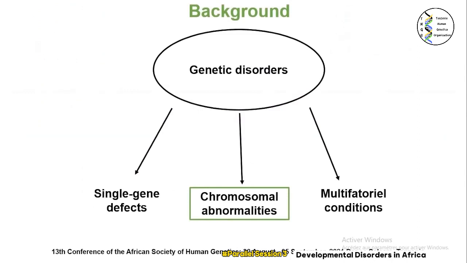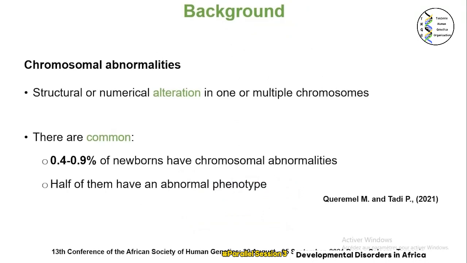Genetic disorders generally fall into three main domains: the single gene defects, the multifactorial conditions, and the chromosomal abnormalities. These chromosomal abnormalities are defined as a structural or numerical alteration in one or more chromosomes. They are common.